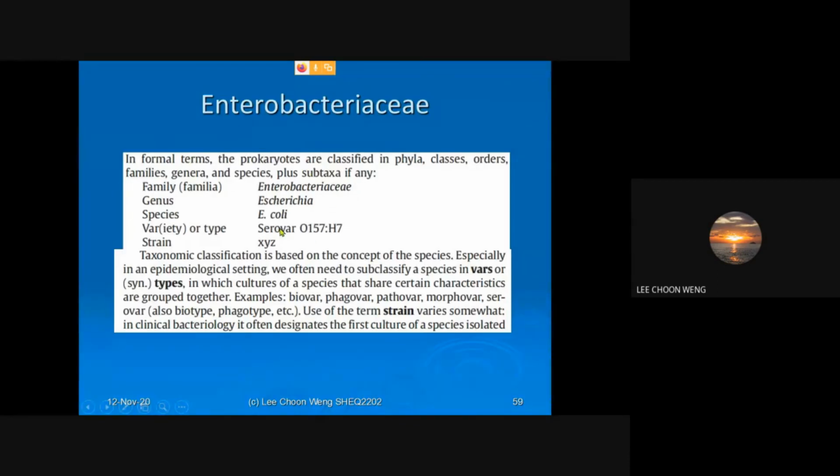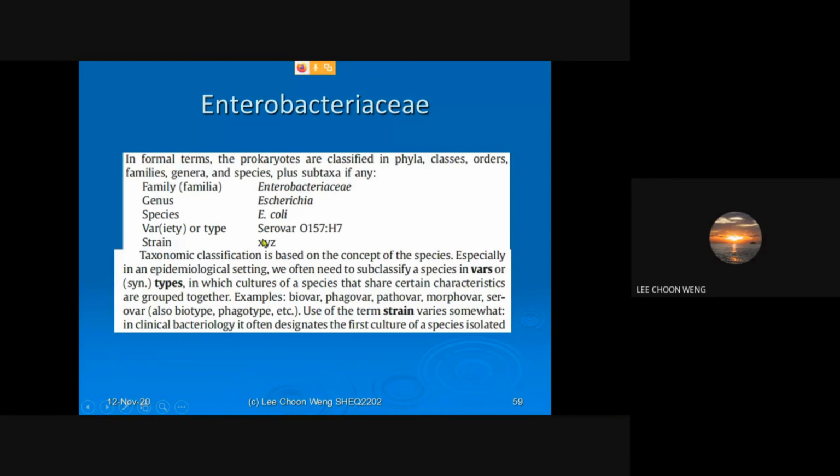So E. coli, Escherichia coli, is under the family Enterobacteriaceae, genus Escherichia. Even under species, you can have varieties or types, and you can have strains.